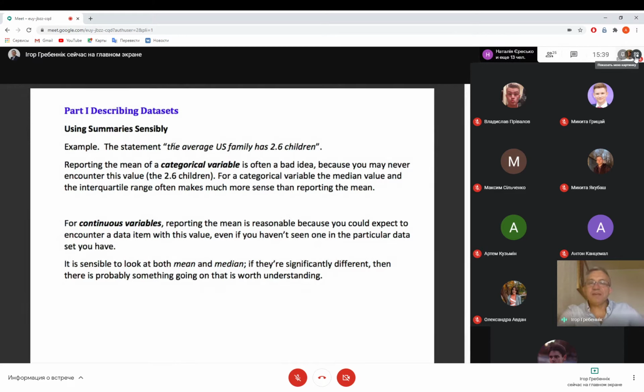The statement: the average United States family has 2.6 children.